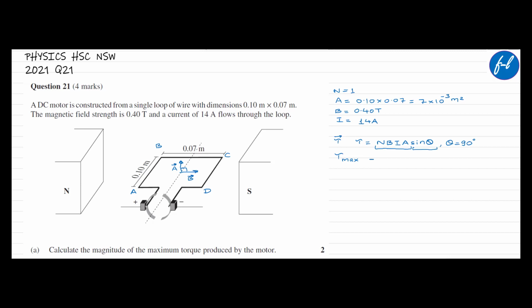So torque maximum will be equal to NBIA. And if we put the values simply, it should be pretty easy.